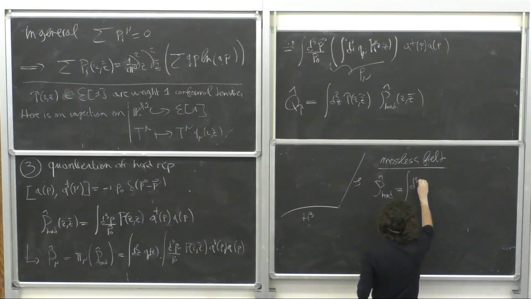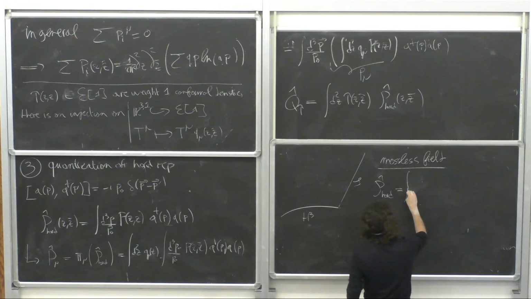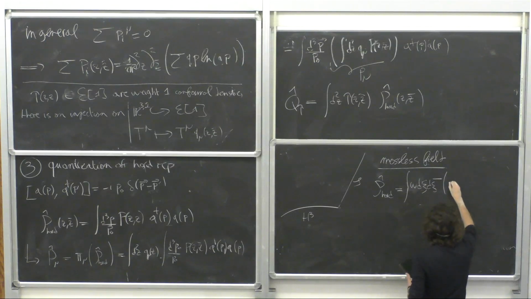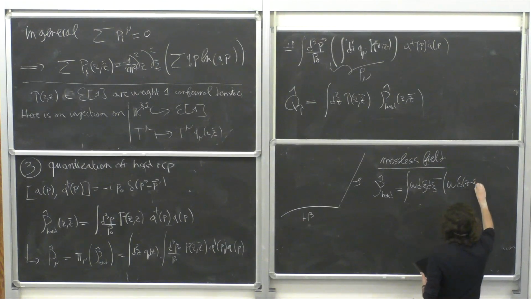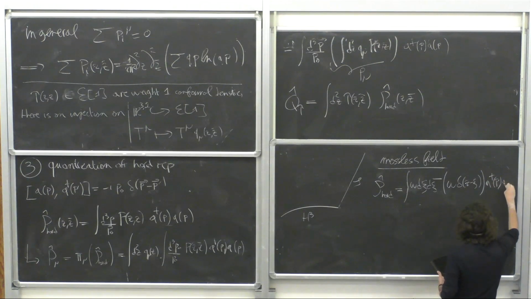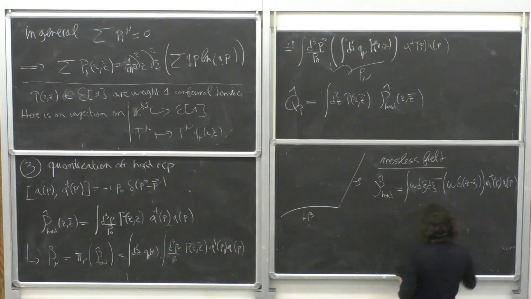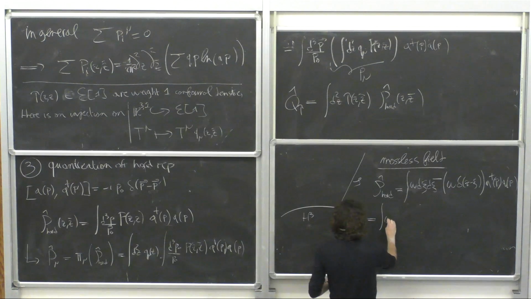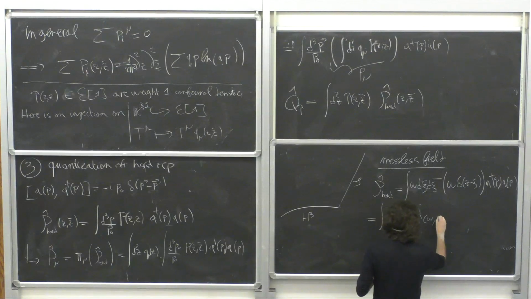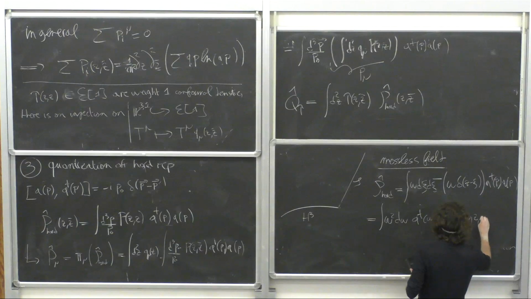So it's this integral, in this case omega d zeta bar, times omega delta z minus zeta, a dagger of p a of p. Delta functions localize these things, and we recover omega d omega squared a omega of a dagger omega z bar a of omega z bar.